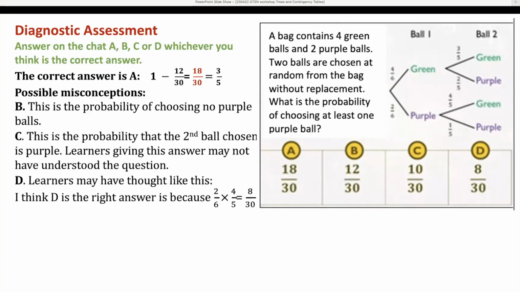Now the labeling on the tree diagram is a bit blurred, and that's a good thing, really, because we want you to read the information and then decide what those fractions should be on the branches of the tree diagram. So you're told that there are 4 green balls and there are 2 purples, so 6 altogether.